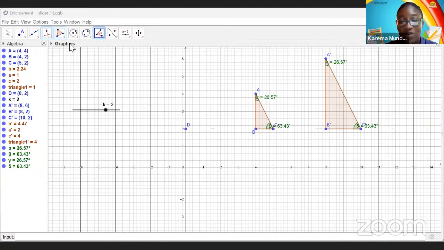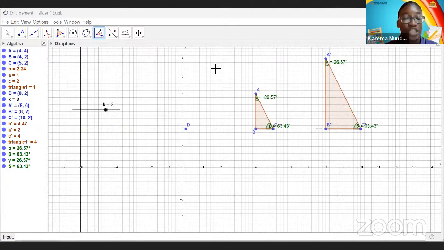What can we say about them then? Let me drop another letter in the chat. There's another word that we use when the angles are the same, but the lengths have been multiplied by 2, 3, a half, whatever it is.